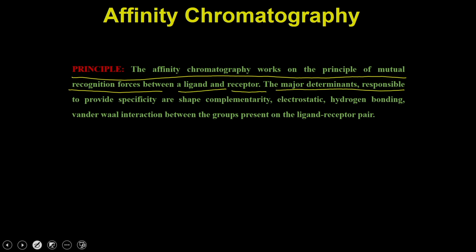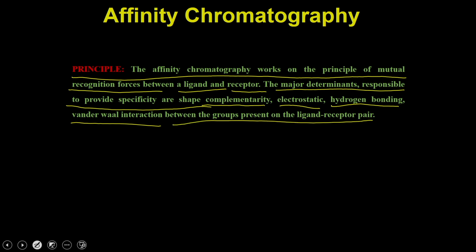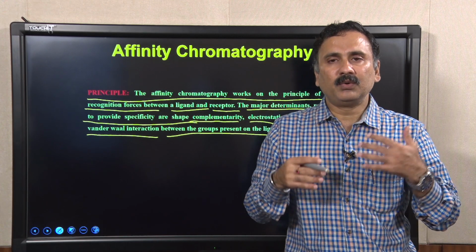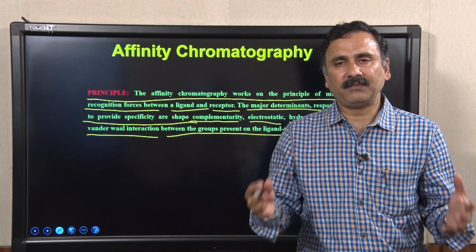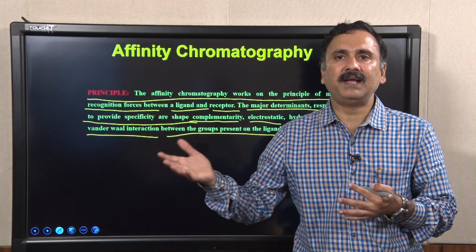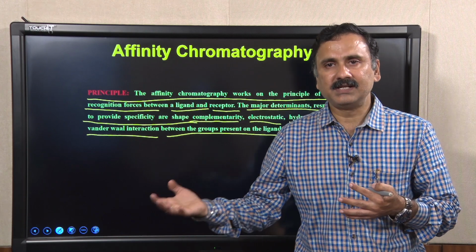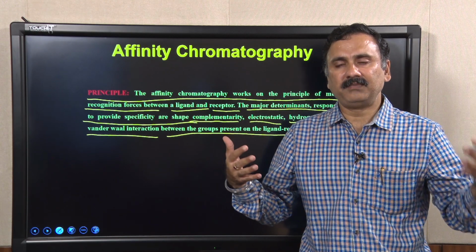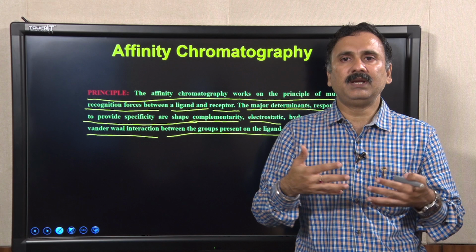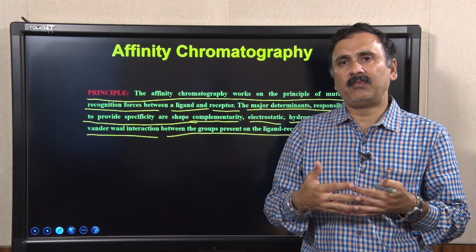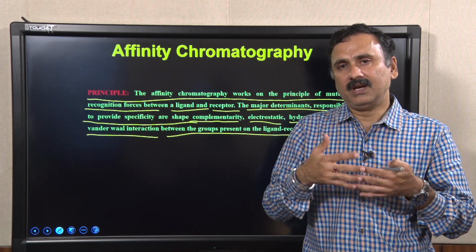The major determinants responsible for providing specificity are shape complementarity, electrostatic interactions, hydrogen bonding, and van der Waals interactions between the groups present on the ligand and receptor pair. You can imagine that we have a receptor, and every receptor has its own cognate ligand. Both the receptor and the ligand are recognized with the help of different types of interactions.